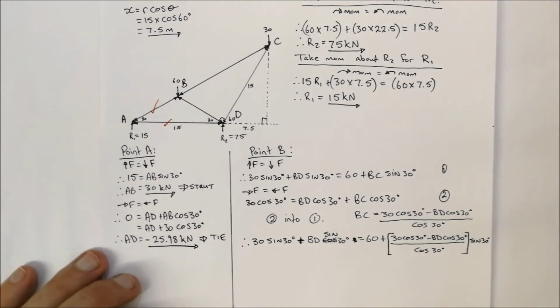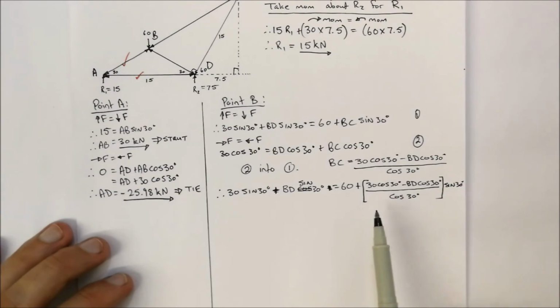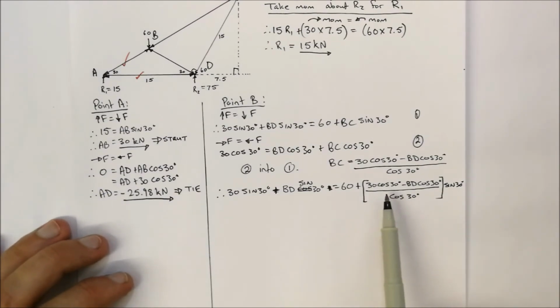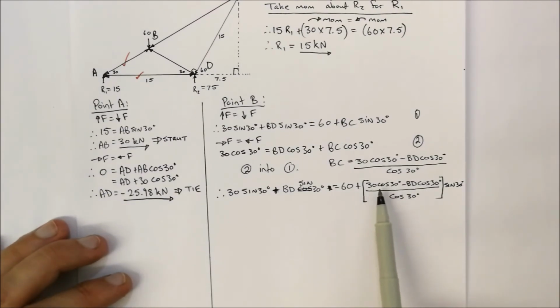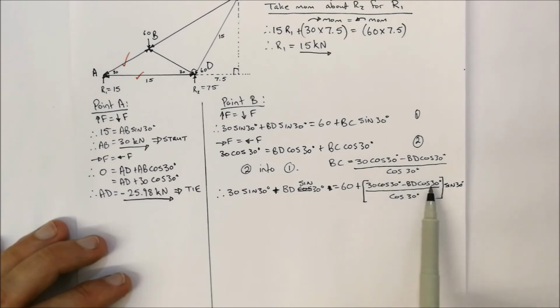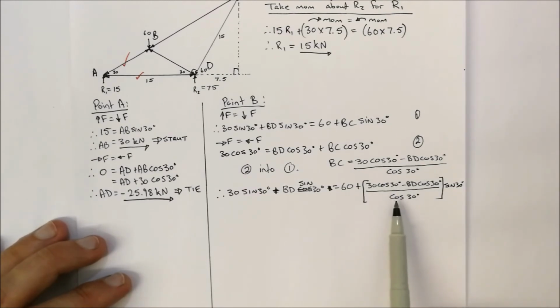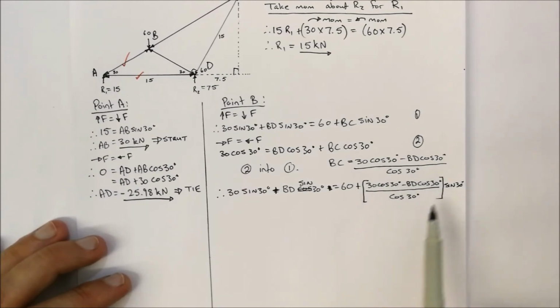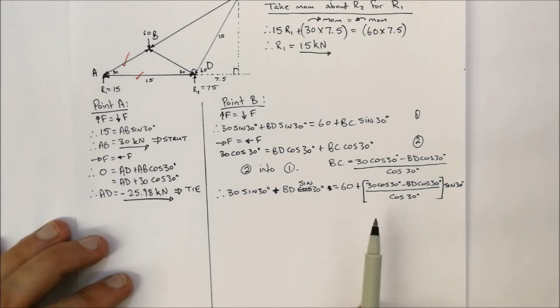If you have a look at the substitution that we've just made, you'll see that we've got cos 30 degrees in both terms in the top, and we've got it in the denominator, so they can actually cancel out with each other. That will simplify our equations quite drastically.